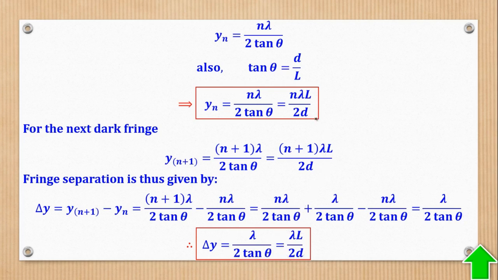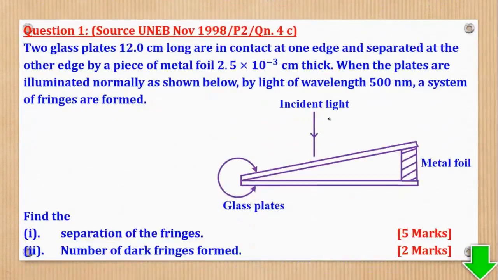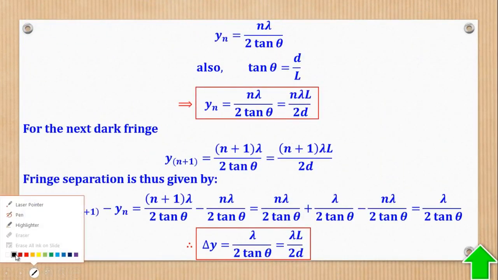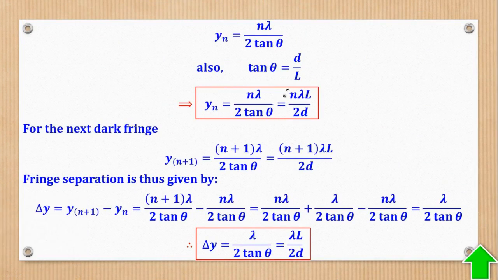So we have dealt with dark fringes. If they ask for a bright fringe, the difference will be on this n. Instead of n, we put n minus a half, but the rest will be the same.